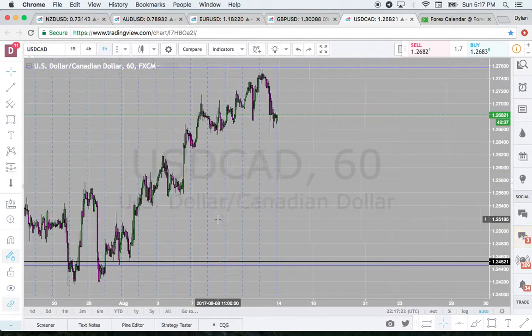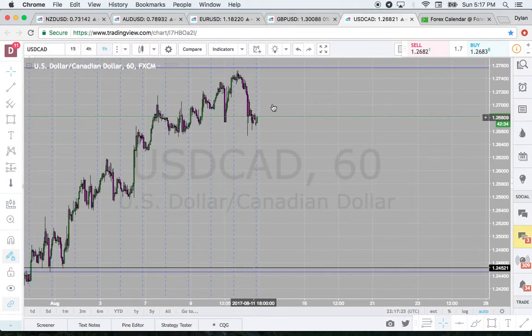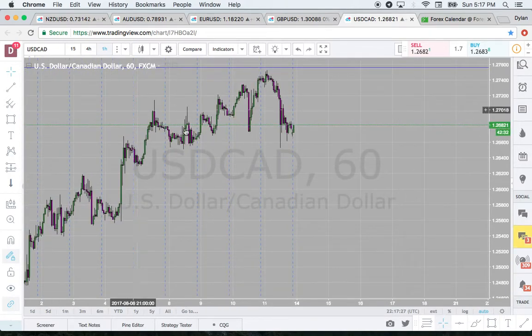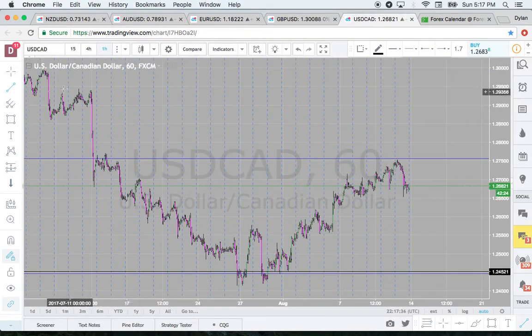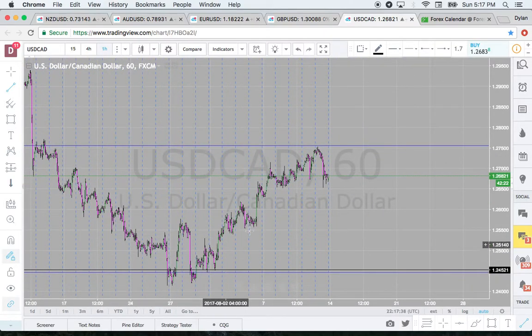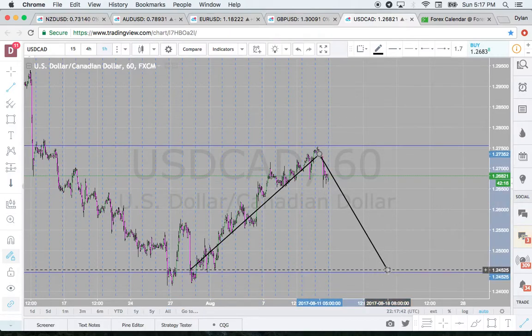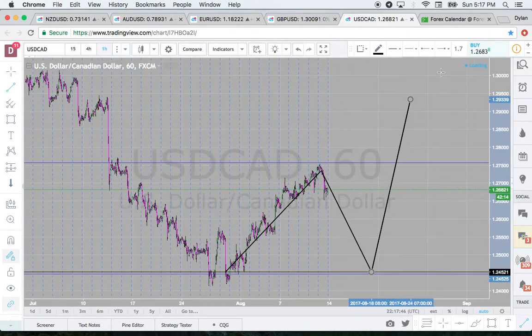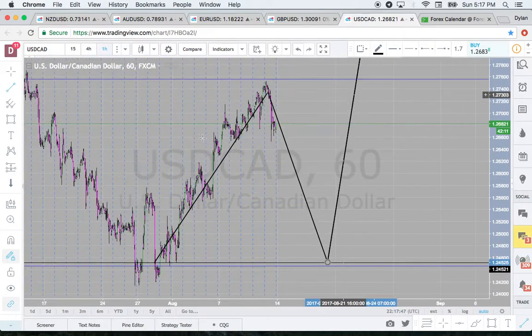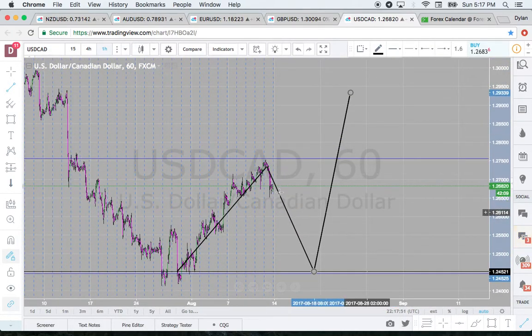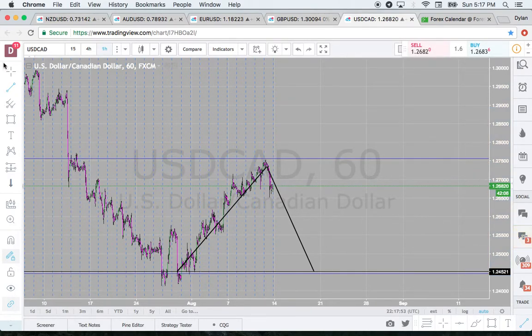And what we notice is price continuing to move inside this zone, respecting the highs and the lows of the zone. We can definitely see something like this happen. But expect this zone to be respected for a while yet. I do think this zone will be respected as long as price is inside of it.